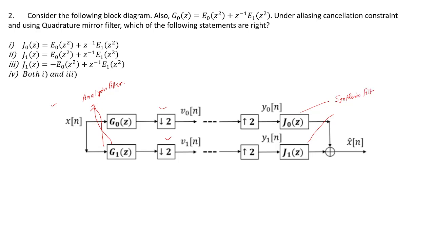Because you combine this filter's output to get a new signal. That's why it is called a synthesis filter. For the opposite reason, this is an analysis filter, because you are feeding these two filters the same input, which is supposed to analyze the spectral behavior at two different bands.